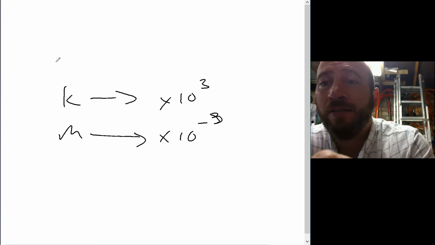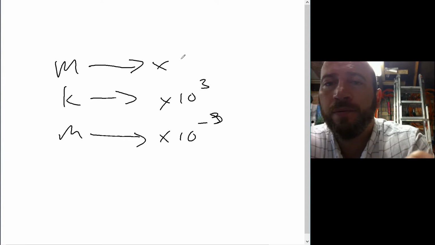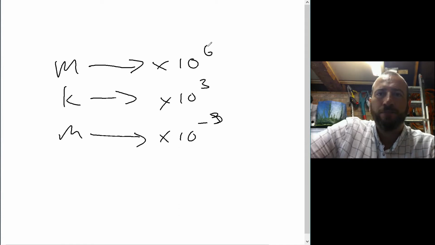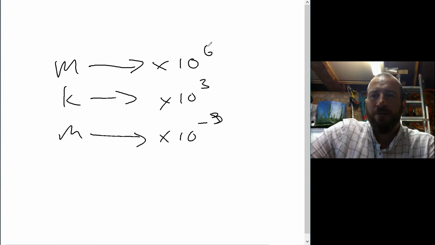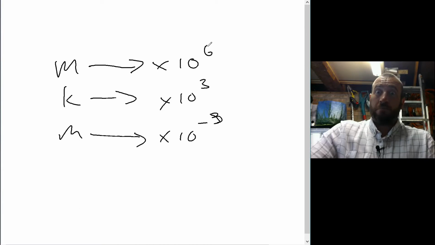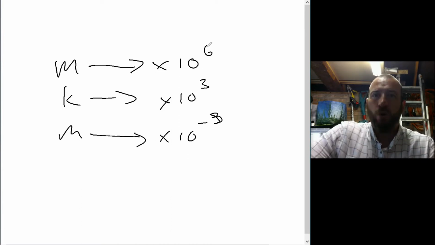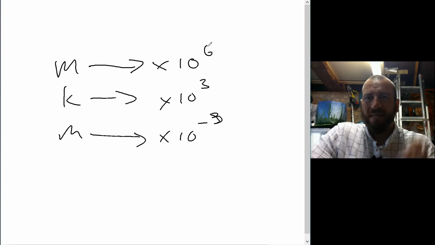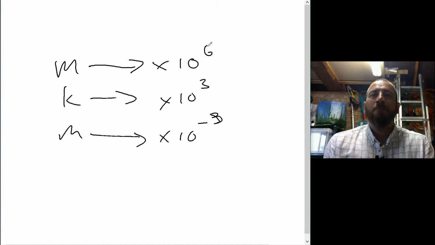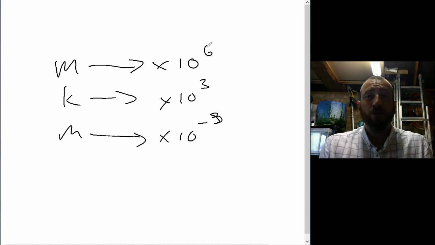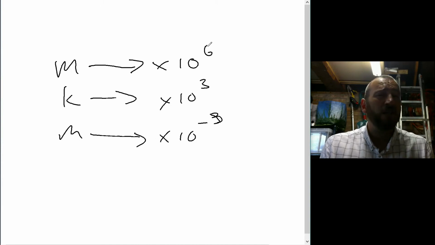Above that, you'll have mega. Mega is times 10 to the 6. You might have megavolts or megawatts. Megawatts would be 1,000,000 watts, times 10 to the 6 watts. 360 megawatts, a massive number, is 360 times 10 to the 6 watts.